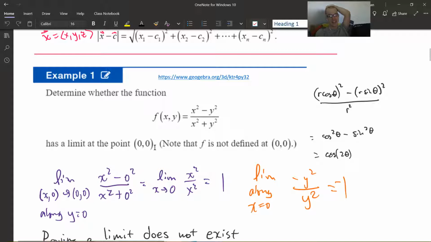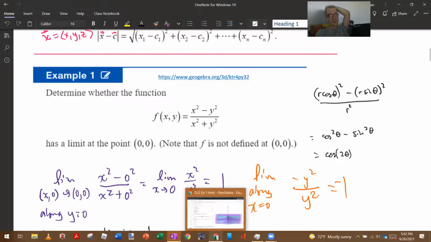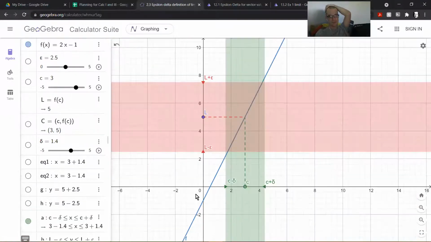But the idea here is that we're not in just a one-dimensional input and one-dimensional output scenario, where we're really only concerned with the possibilities of a limit from the left and a limit from the right.